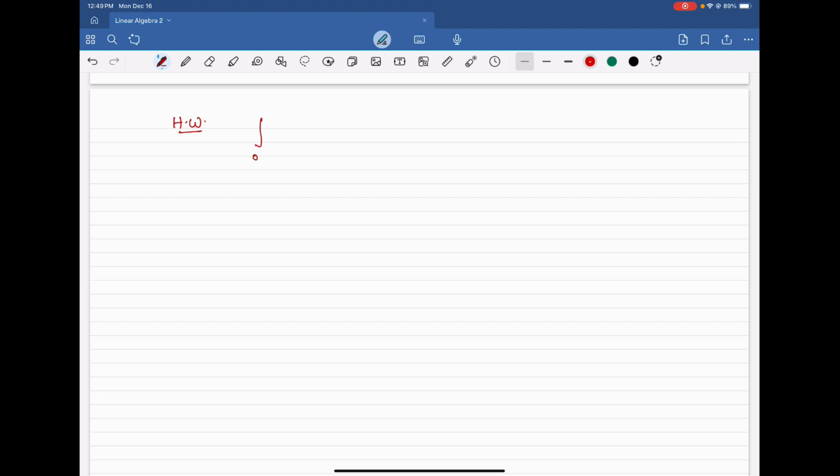The integral from 0 to 6 of e to the power of x d(x minus ⌈x⌉), how much is it? Kindly solve this problem. I'll give the hint.